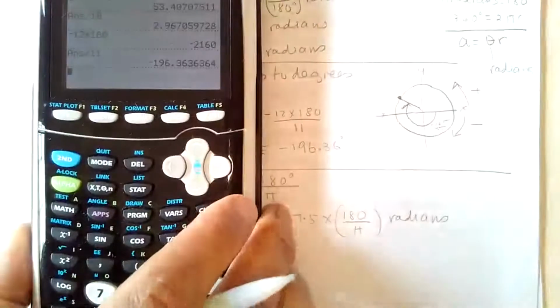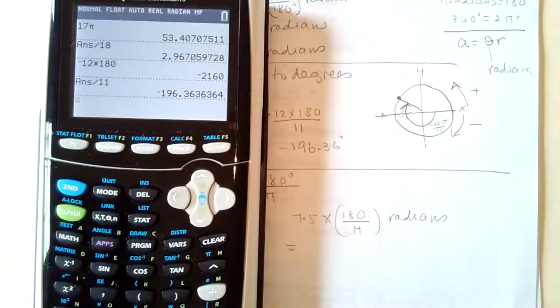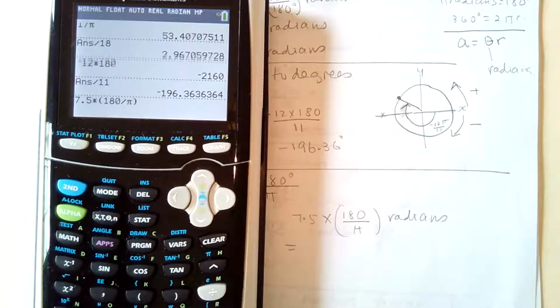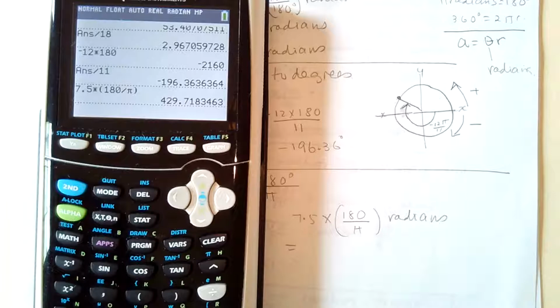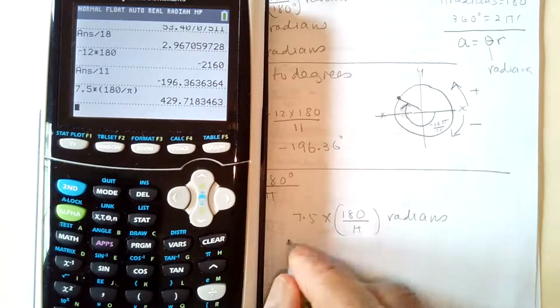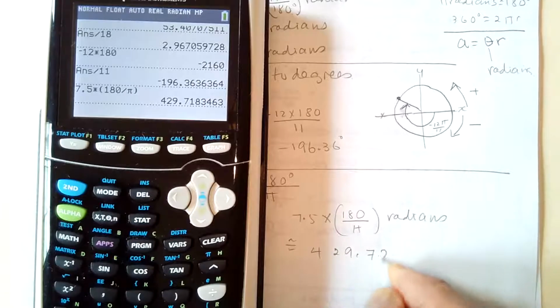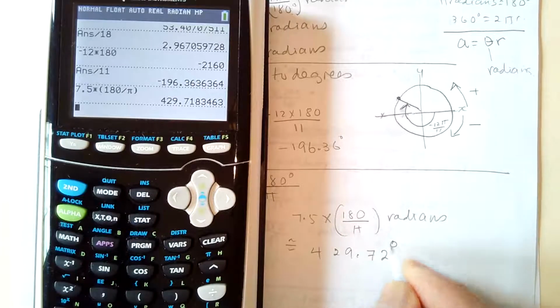Now, let's get my calculator out here. 7.5 multiplied by 180 divided by pi equals 429.72 degrees, approximately.